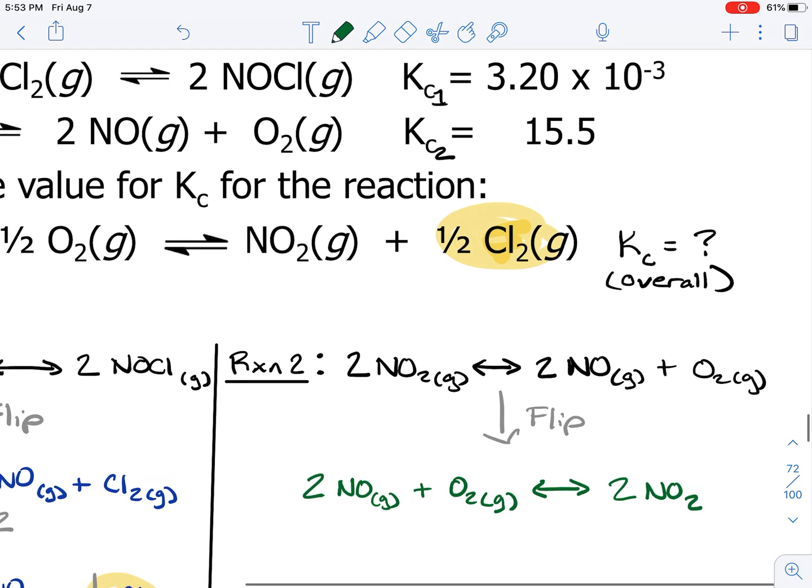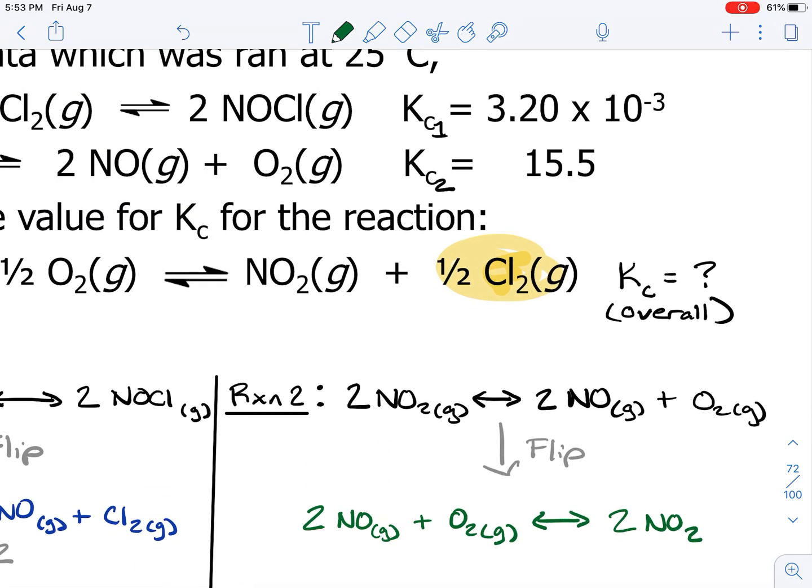And so since I flipped my chemical equation, Kc2, this 15.5, I need to take the reciprocal of this when I flip the chemical equation. Okay.